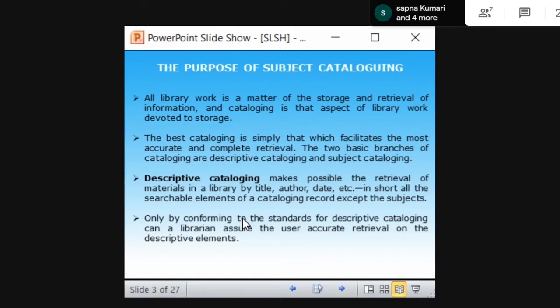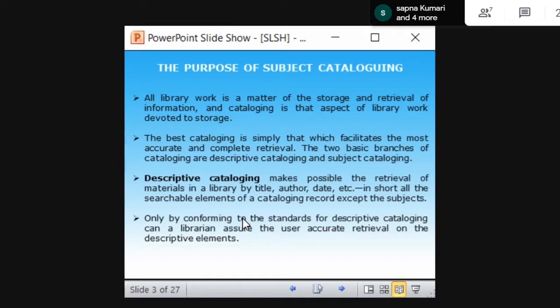Let it be title, let it be author, Ranganathan, whatever it may be, right? Or Abdul Kalam, whatever it may be. So descriptive features of the document. Only by conforming to the standards of descriptive cataloging can a librarian assure the accurate retrieval of descriptive elements. So you have to conform to certain standards.